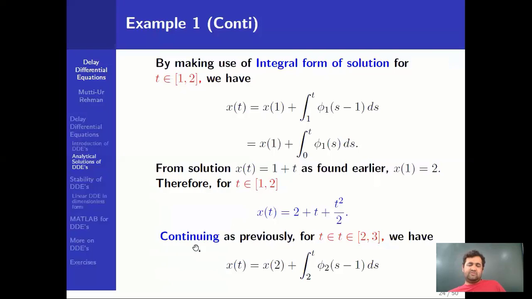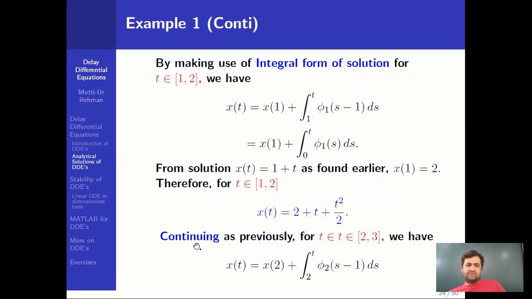Okay, so similarly, if I continue this process, and now I take the interval which is 2 to 3, then I can also derive an expression for the current state for this interval.